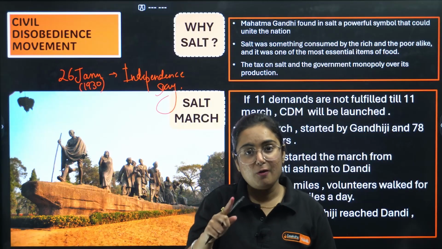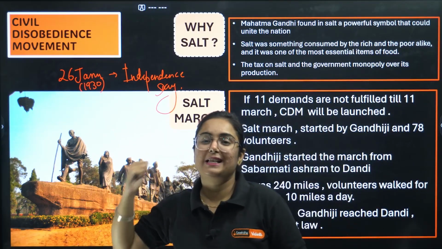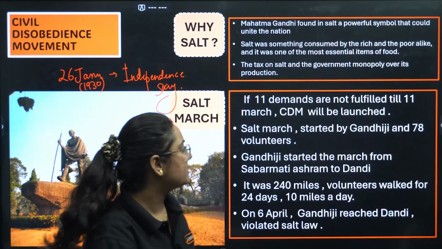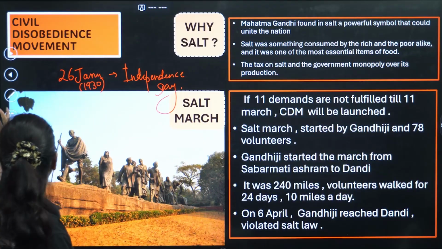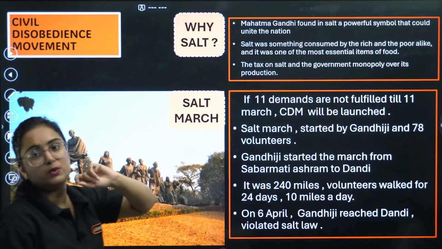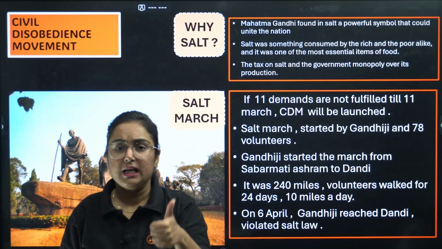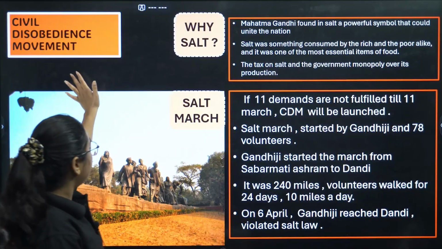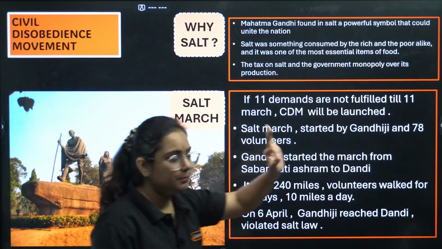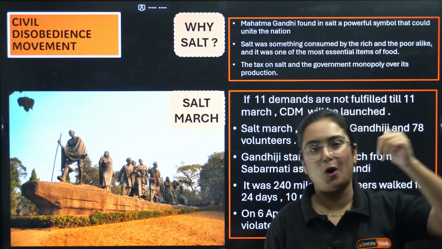However, on 26th January 1930, it was said that we would celebrate Indian Independence Day, and it was the first time India celebrated Independence Day, demanding Purna Swaraj, full freedom from the Britishers. Got my point? Now see how the civil disobedience movement was started, and we will gradually analyze how it is different from the non-cooperation movement.